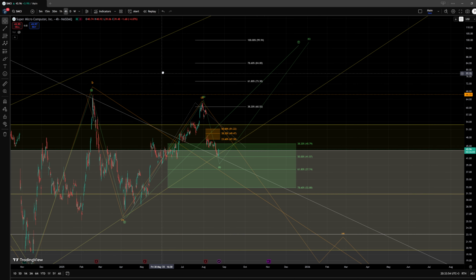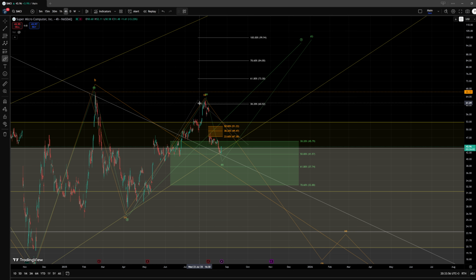In the previous video I focused on this correction to the downside after completing this A wave, which to be honest I am more fond of counting as a 3-wave move, an ABC, rather than a 5-wave move. I could count it as a 5-wave move, but it would not be a pretty one anyway, and it doesn't matter too much.